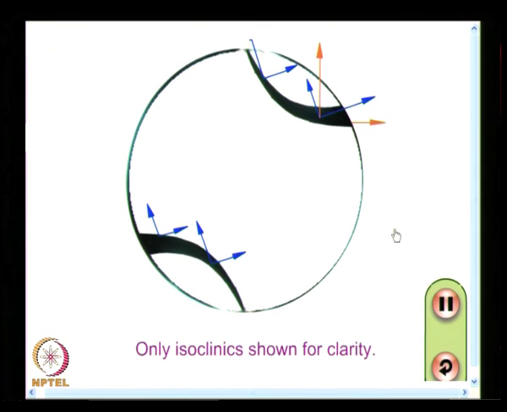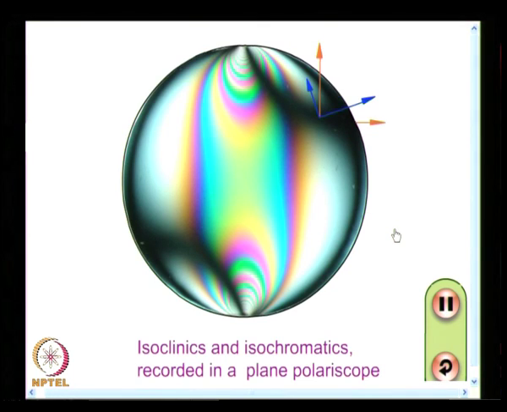And if I see what happens in a plane polariscope with white light as illumination, I see the isochromatics superposed with the isoclinic, and this is what you see as isoclinic.